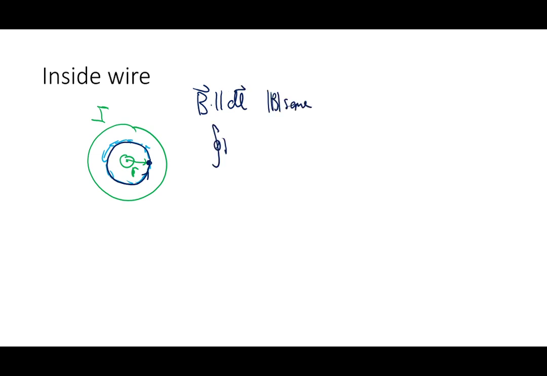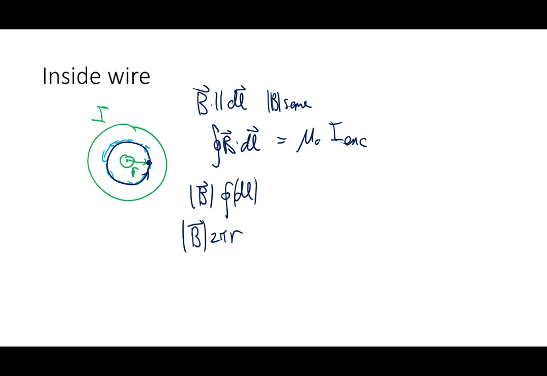So then when you do Ampere's law, you get all this stuff, and then that's just B times 2 pi r. But what is different now is that we're only enclosing part of the wire. So we're not enclosing all the wire, and therefore not all the current.